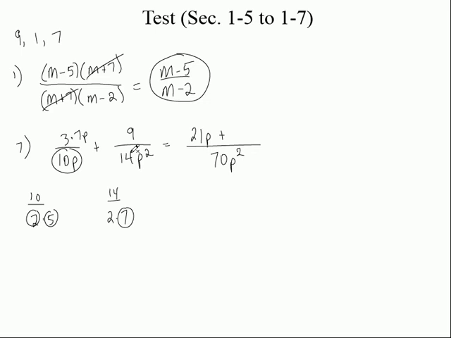You took 14 and multiplied it by what to get to 70? That would be 5. So you multiply that by 5. What'd you do to p squared to get to p squared? Multiply by 1. Basically, you really didn't do anything, did you? You didn't change it at all. So really, all you got to do is just multiply those together. So that's plus 45. And that's it. That's your answer, isn't it?